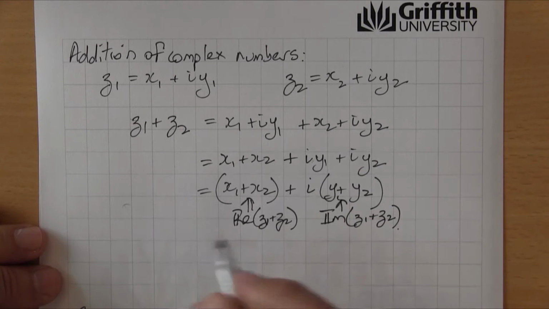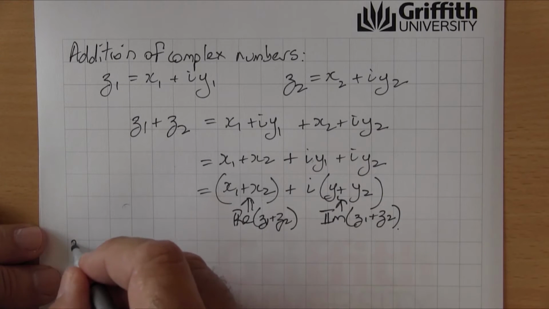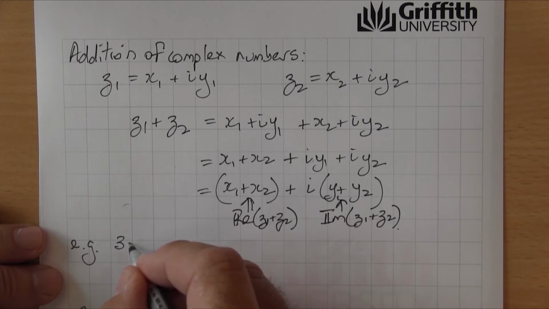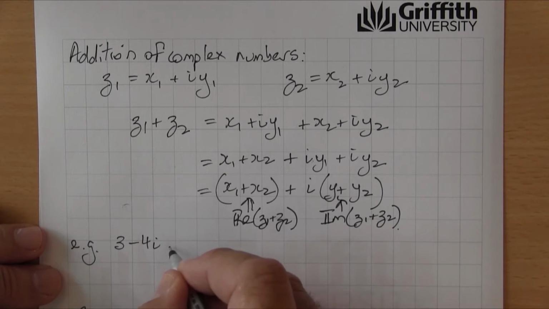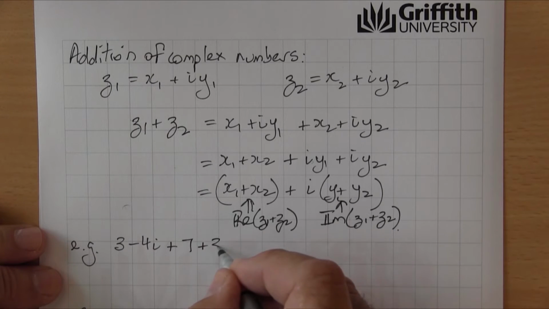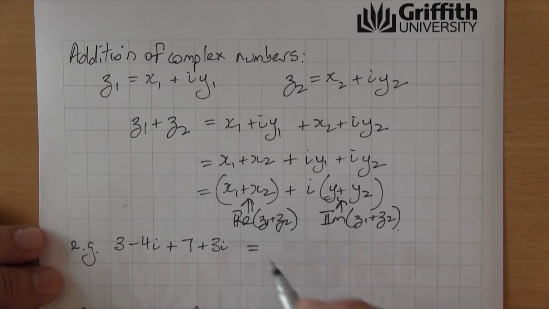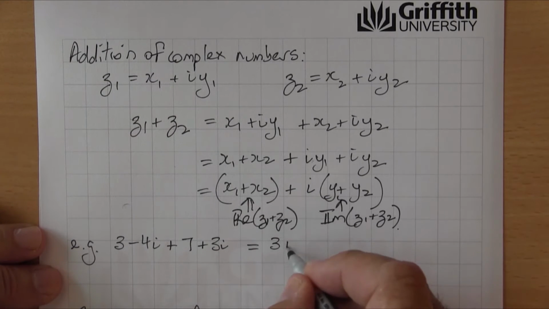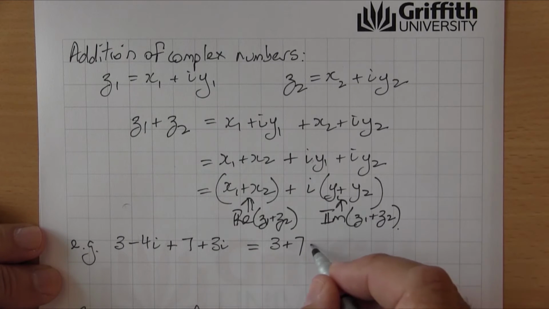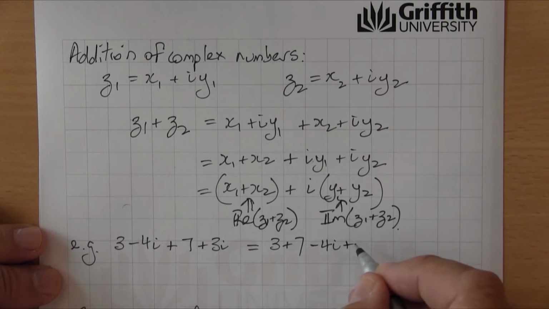Just as an example, if you've got 3 minus 4i plus 7 plus 3i, we add the reals together and we get 3 plus 7, and then we put the imaginaries together, which is minus 4i plus 3i.